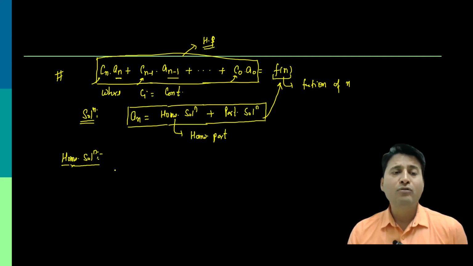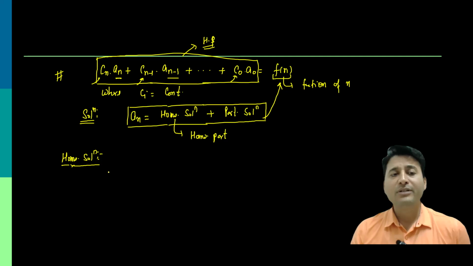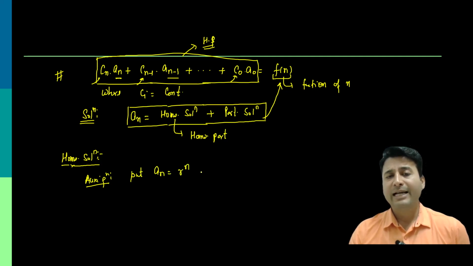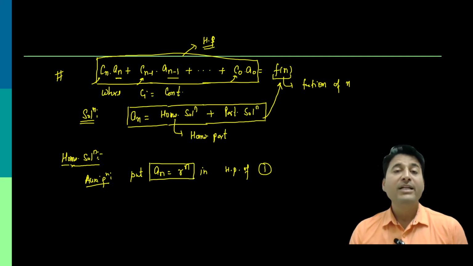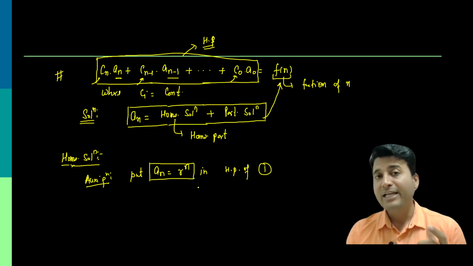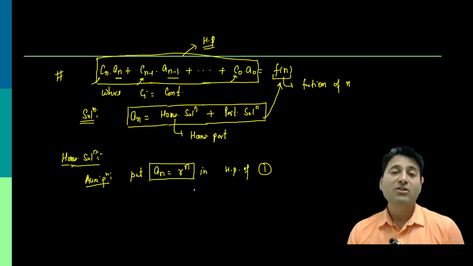So how do we get the homogeneous solution? For that, we make an equation called the auxiliary equation. For this, we put an equals r to the power n in the homogeneous part first. That means we are assuming that the given equation has a solution of the form r to the power n.